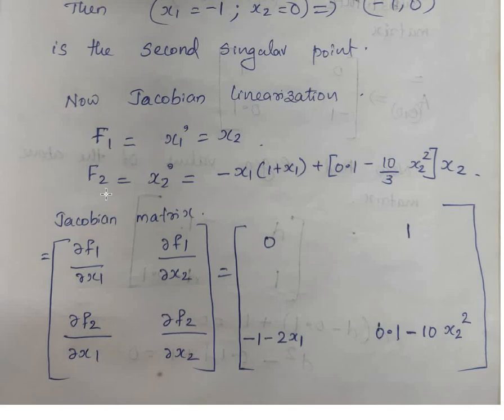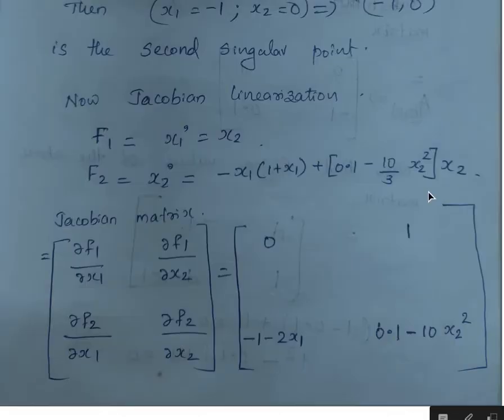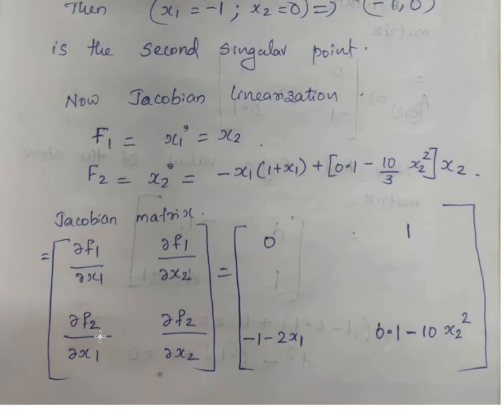Now, take the next function f2. f2 is equal to minus x1 into 1 plus x1 plus 0.1 minus 10 by 3 x2 square into x2. Take this whole function. What is the second row first element? Dou f2 by dou x1. That means, find the derivative of the second function with respect to x1. If you find the derivative of this term, it will be minus 1 minus 2x1.